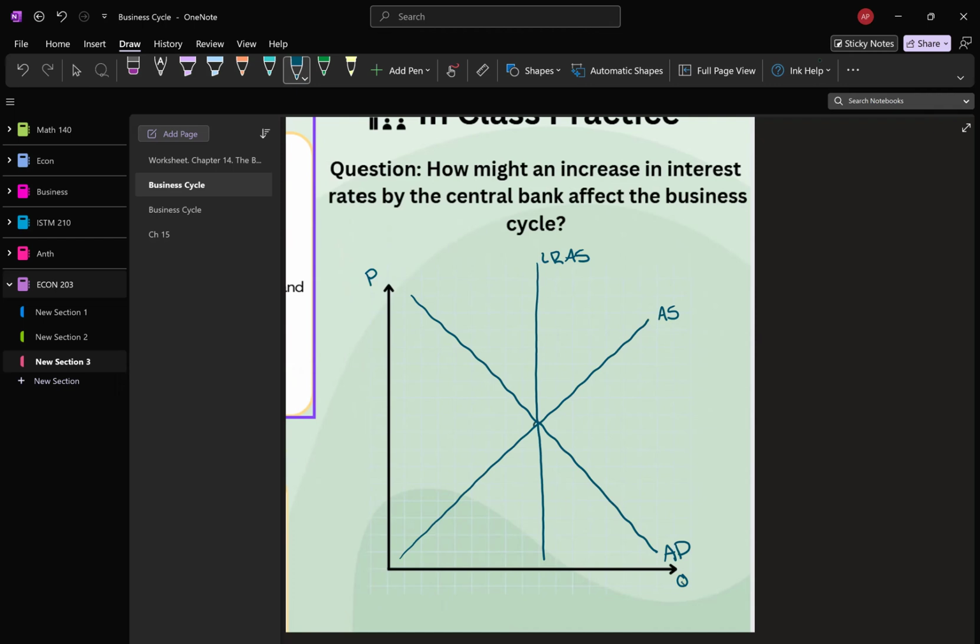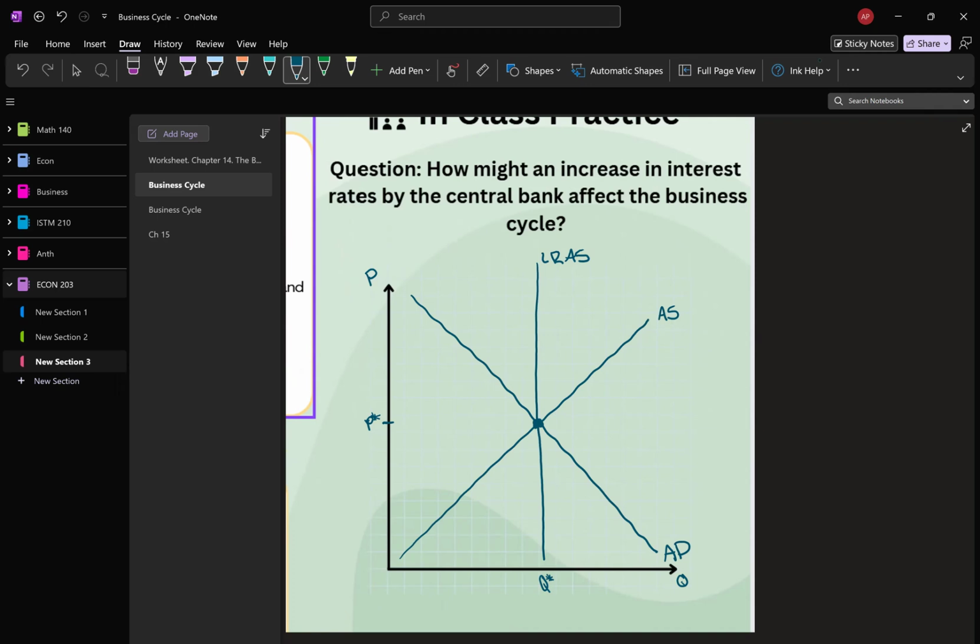So, at this equilibrium, that's our potential output. That's the max that would be efficient for our economy.